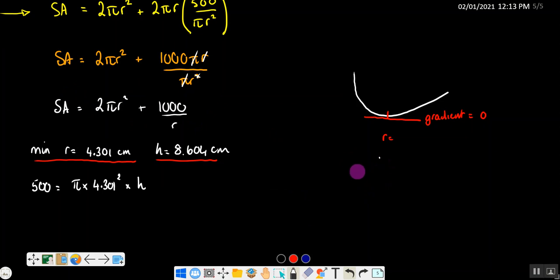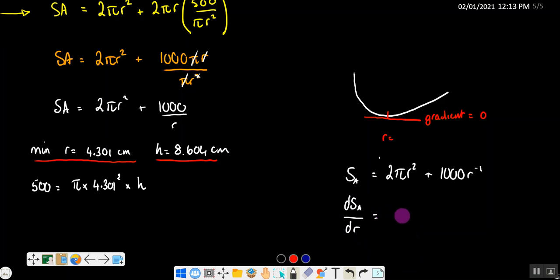Well, what we do is we take this formula, which we just chucked into our calculator. I'm going to call it surface area is equal to 2 pi r squared plus, and I'm going to change it, you tell me why, to r to the minus 1. Remember doing that? The reason is because we are now going to do dS/dr.